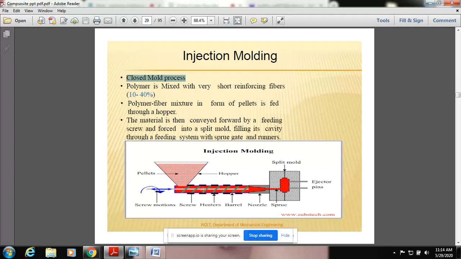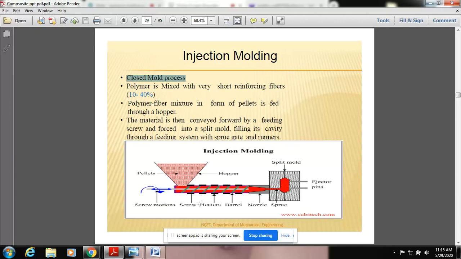If you bring the gray part back to the left side, the position of the screw comes here, which means we can adjust the position of the screw within the barrel so that we get the desirable pressure into the cavity, right? That is also a function of the screw.